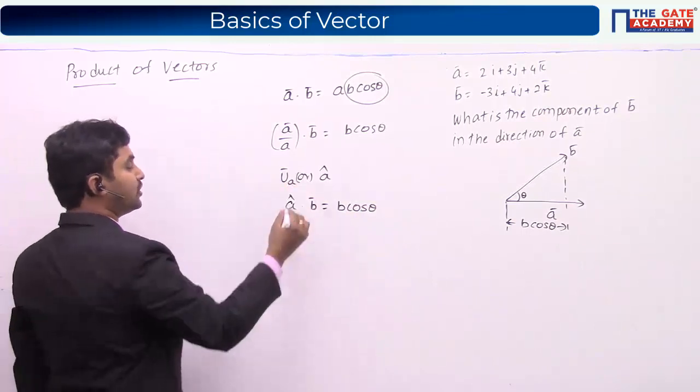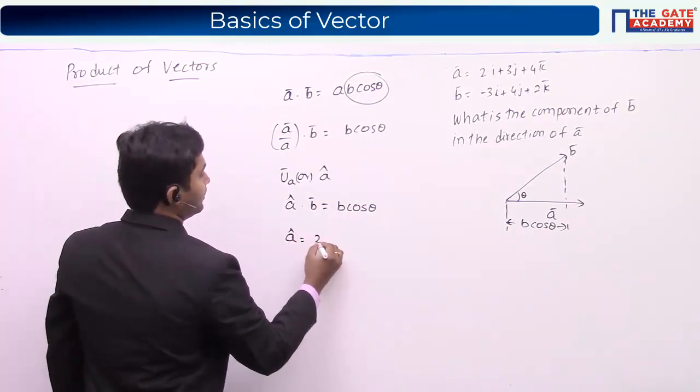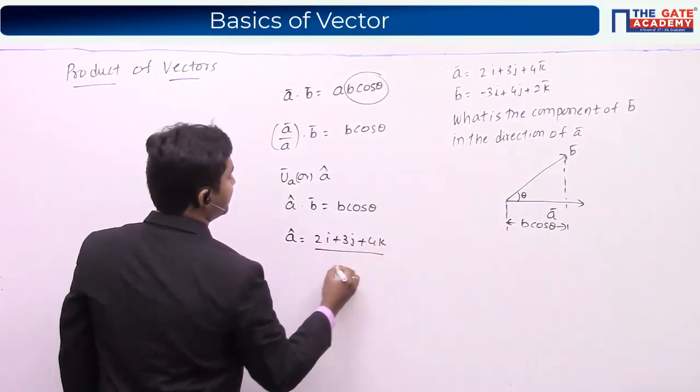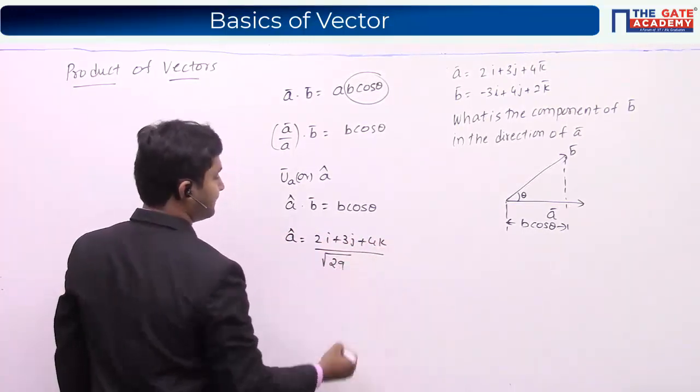So let us find this unit vector. It is 2i plus 3j plus 4k divided by under root of 29, isn't it?